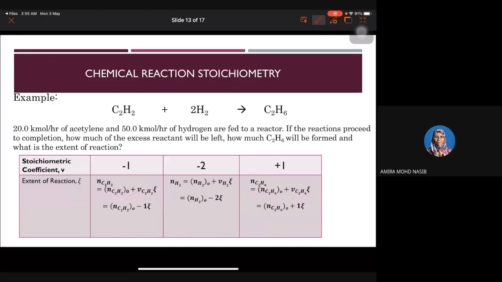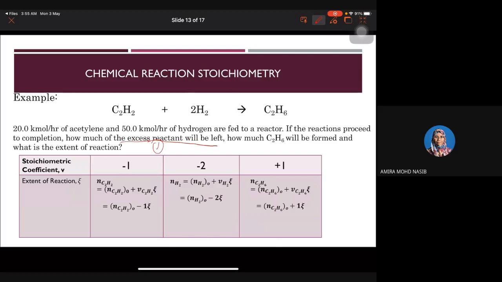The same figure: 20 kilomole per hour of acetylene reacts with 50 kilomole of hydrogen. If the reaction proceeds to completion, how much of the excess reactant will be left? How much C2H6 will be formed? And what is the extent of reaction?